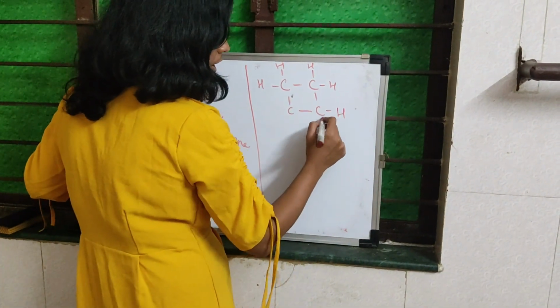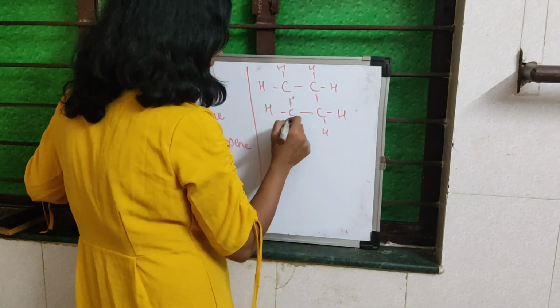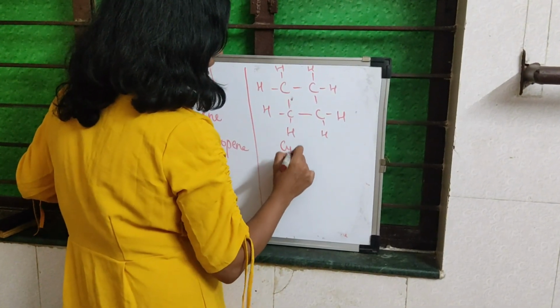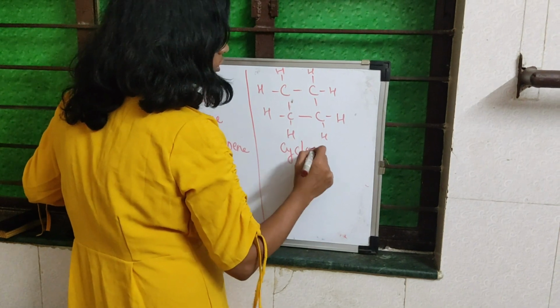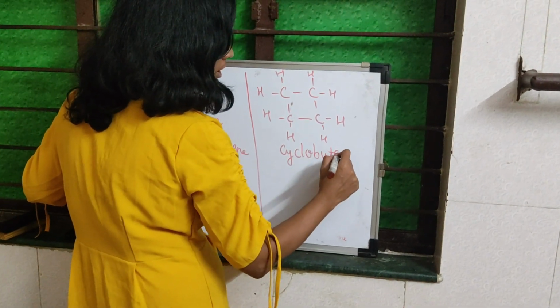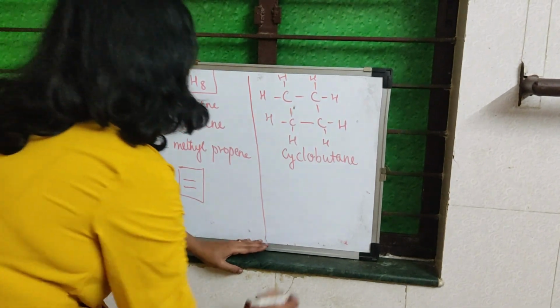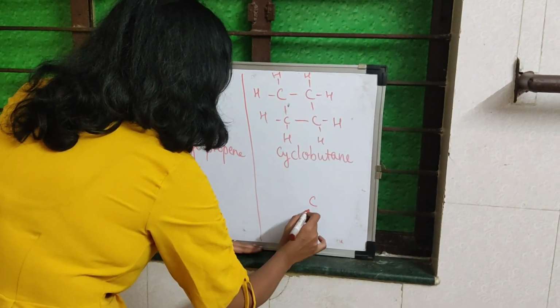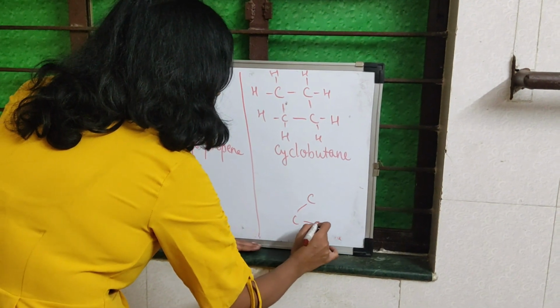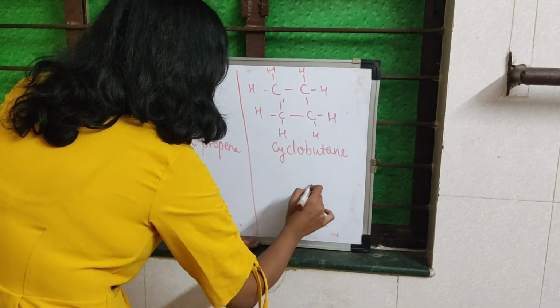This carbon 1 and 2, and this carbon 1 and 2. So this makes a cyclobutane.